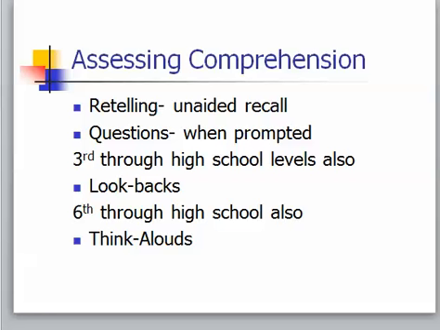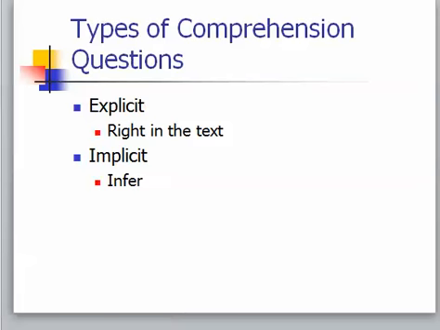We have questions. When prompted, we give them the prompt. Then they can do, if possible, the lookbacks if they're able to skim and scan in 3rd grade or higher. And then if they're in 6th grade or higher, the think alouds. We're going to ask explicit and implicit questions. They're labeled in the manual. Explicit meaning right there in the text.